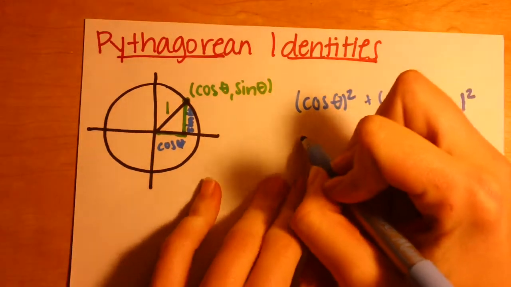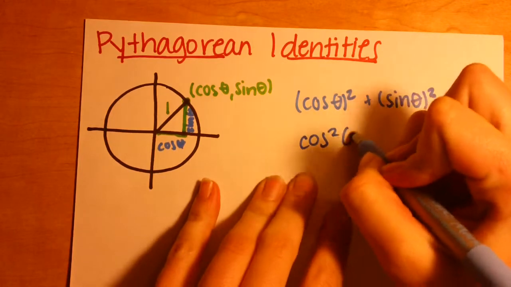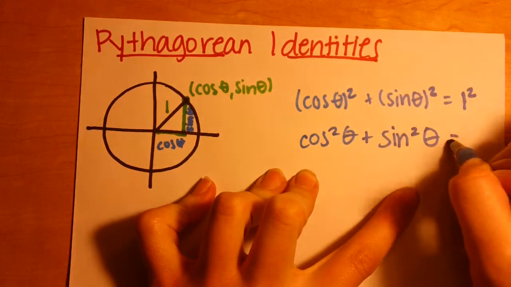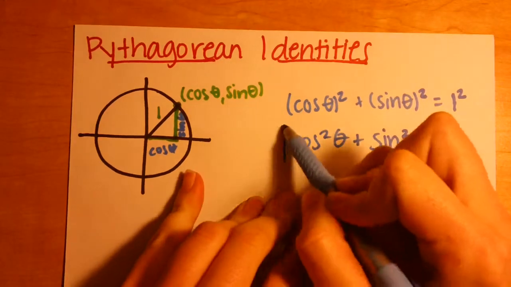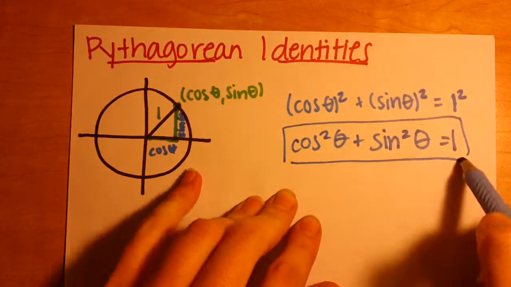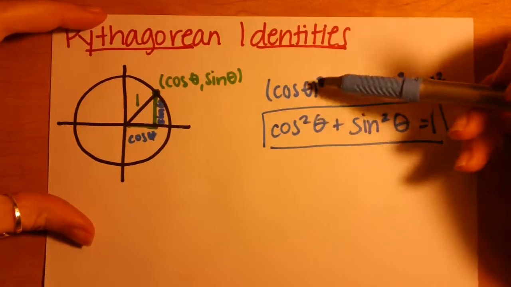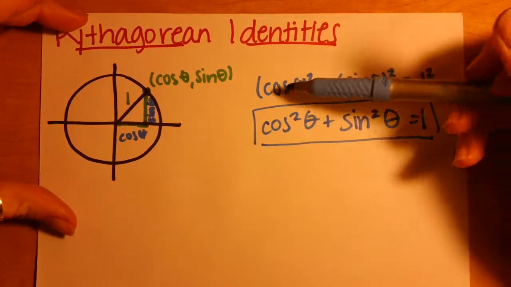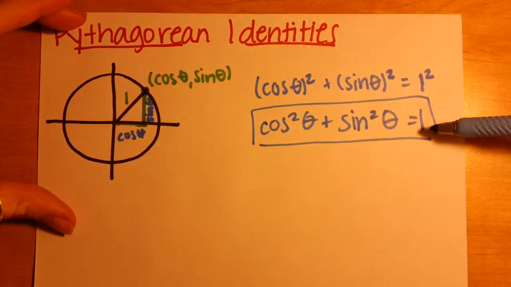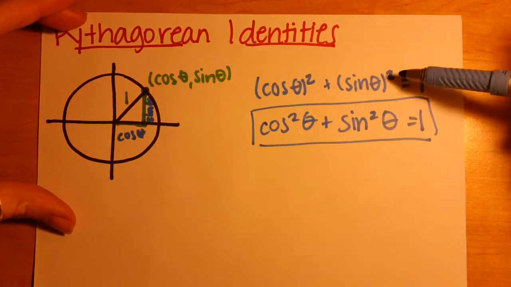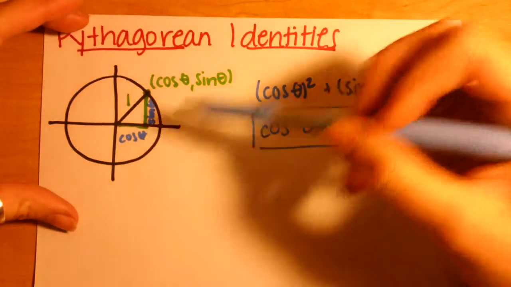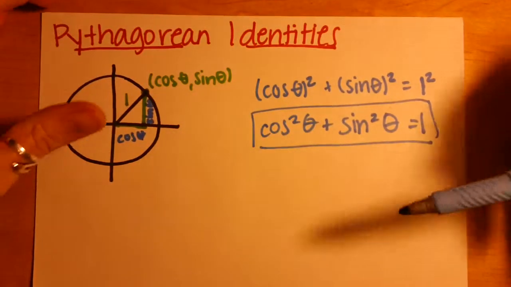And this can simplify to cosine squared theta plus sine squared theta equals 1. Now, note, these 2 look a little bit different because of the placement of the squared, but they are equivalent. This way is the more standard form to see it, but the other one is also correct. So we created this by using our unit circle and our Pythagorean theorem.